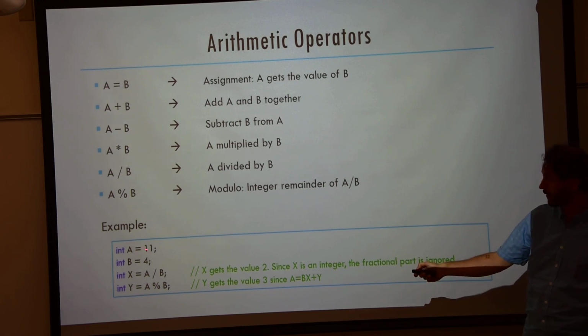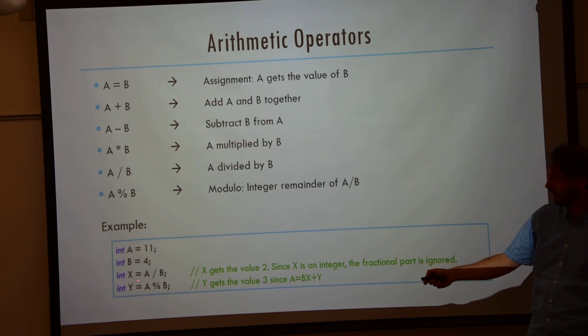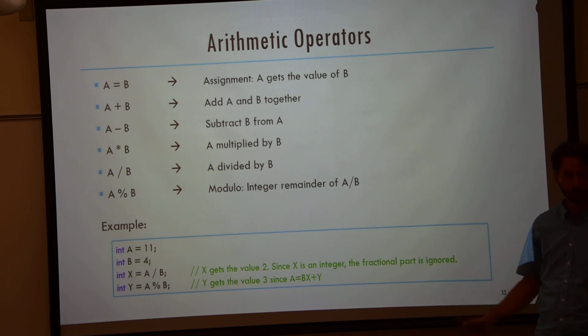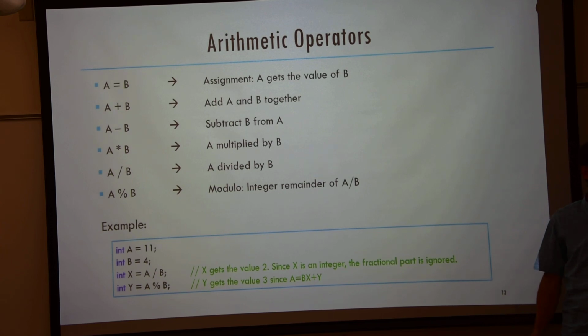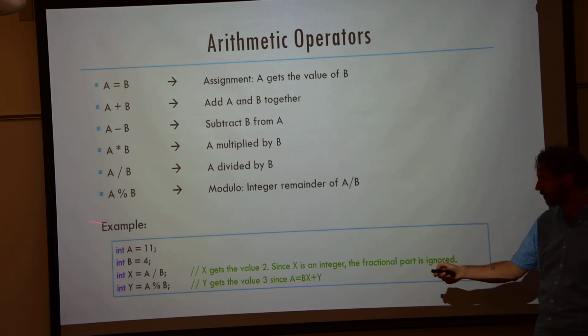Take the integer values 11 and 4. If I divide 11 by 4, it simply means it gets the value 2, because two whole multiples of 4 are included in 11, but the third multiple of 4 does not, because that's equal to 12. It cannot be included in 11.